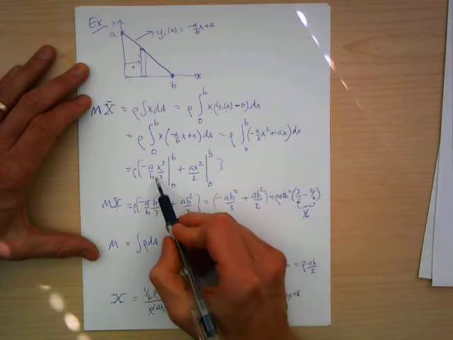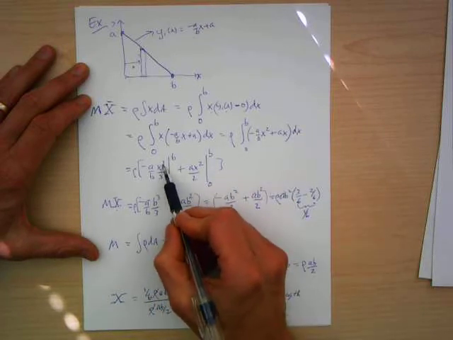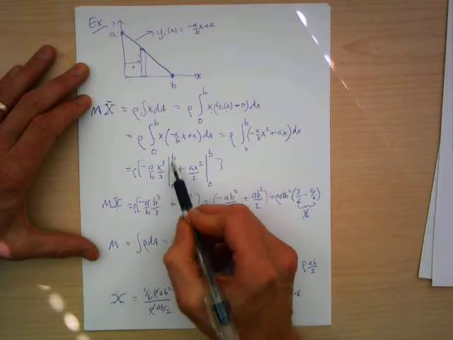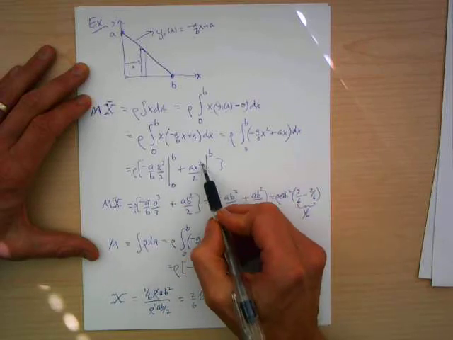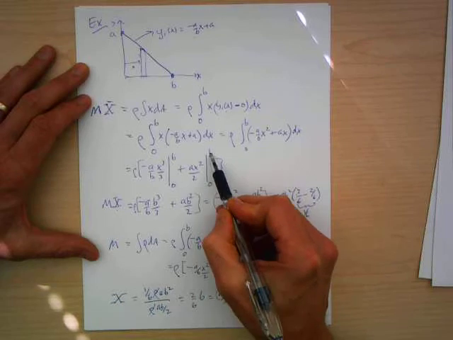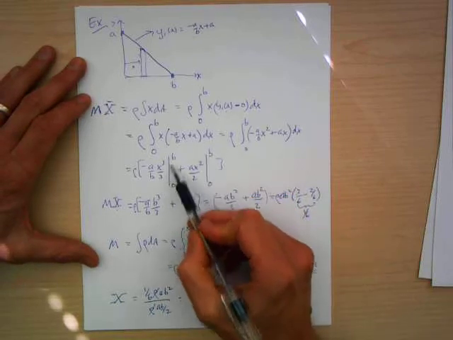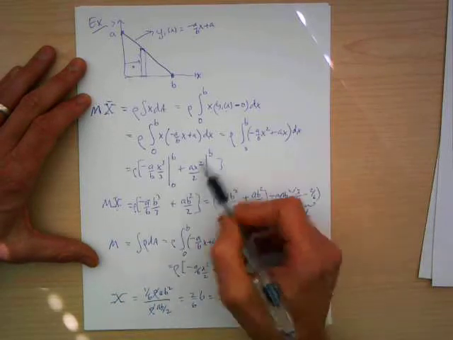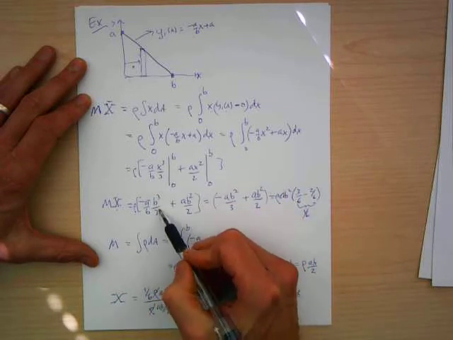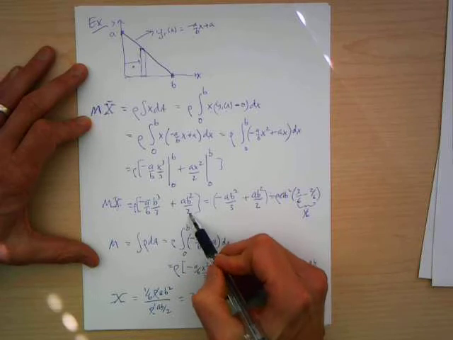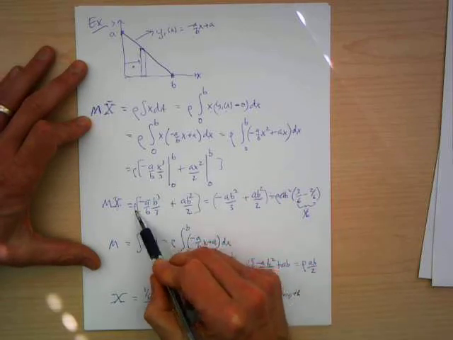Do the integral, so the x squared term turns into an x cubed term divided by 3, evaluated between 0 and b. The x term gets integrated to an x squared over 2, evaluated from 0 to b. If we evaluate the endpoints, the zeros are going to go away, of course, so I'm going to get minus a over b, b cubed over 3, and a b squared over 2, all times rho, the density.